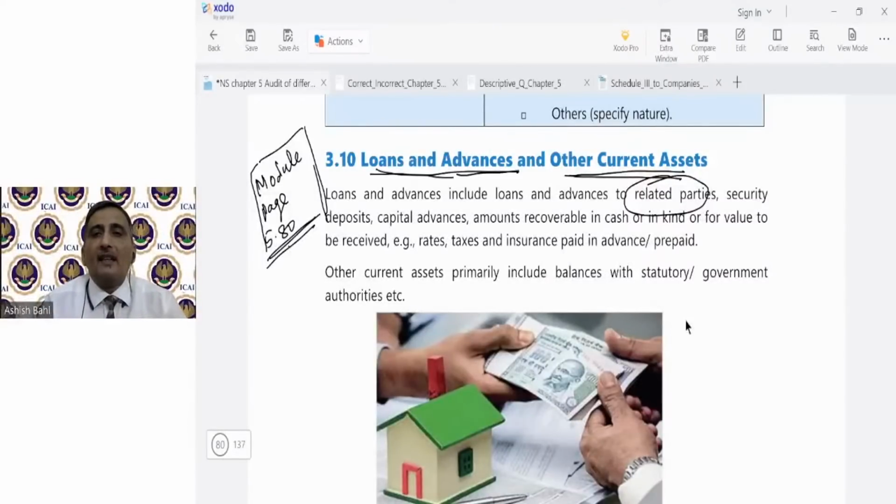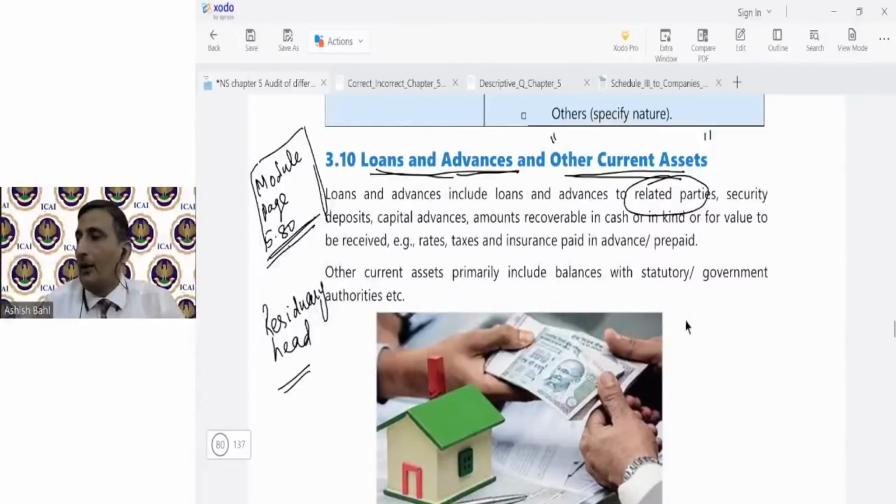And what is included in the head other current assets? This is a sort of residuary head. Residuary, you understand students? Residuary means balance. जो और कहीं नहीं आ रहा, प्रॉपरली और किसी हेड के अंदर क्लासिफाइड नहीं है, तो वो बैलेंस हेड में आएगा, अदर करंट एसेट्स. जैसे suppose balance lying in my ITC account, in GST ITC.